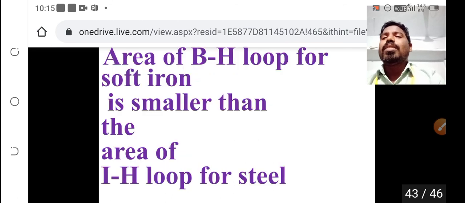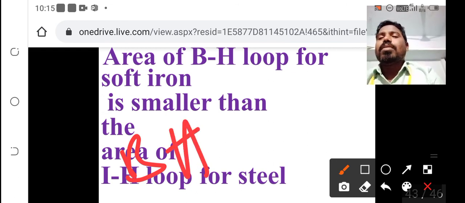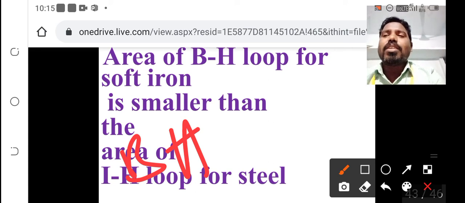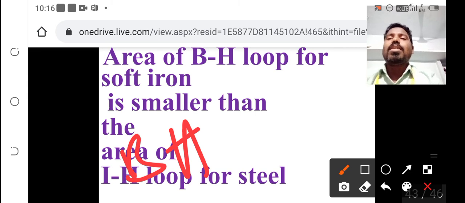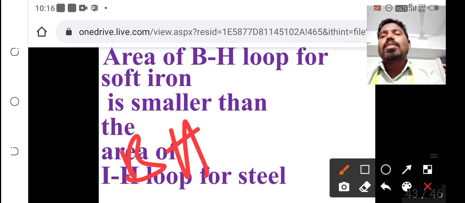The area of the BH loop for soft iron is smaller than the area of the BH loop for steel.